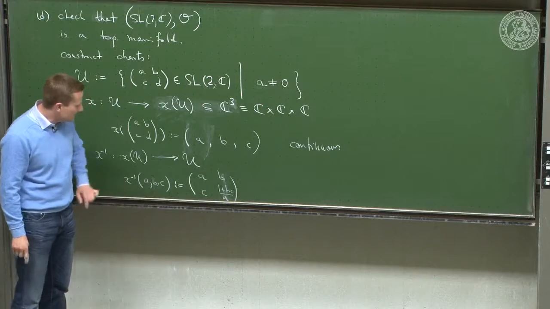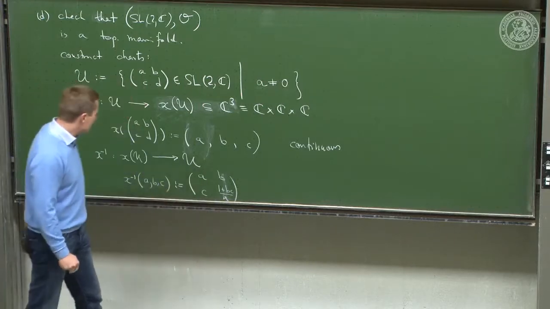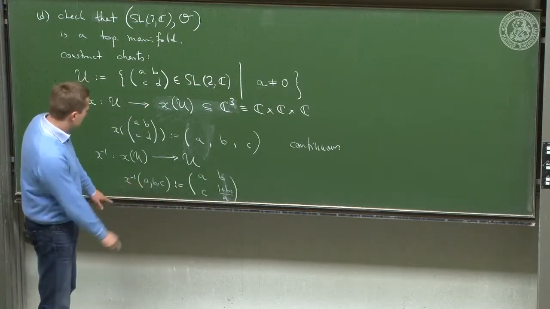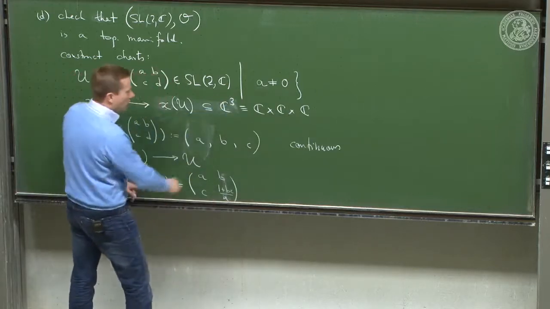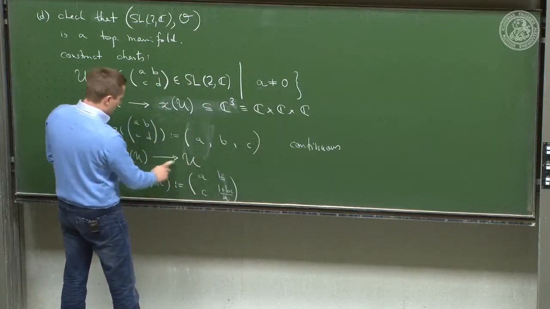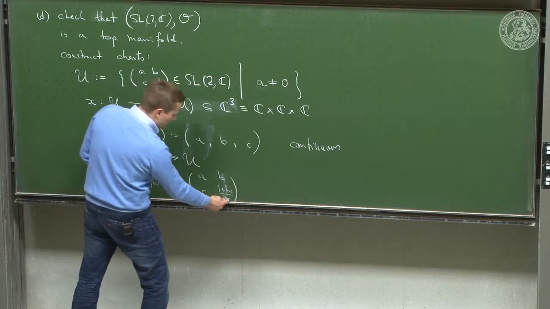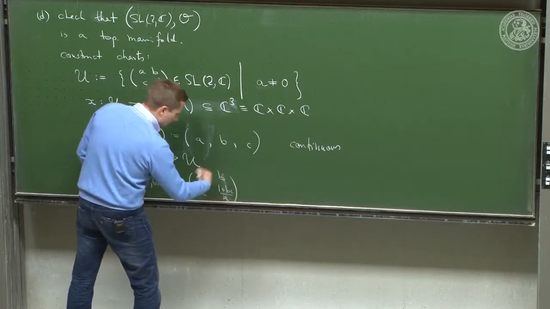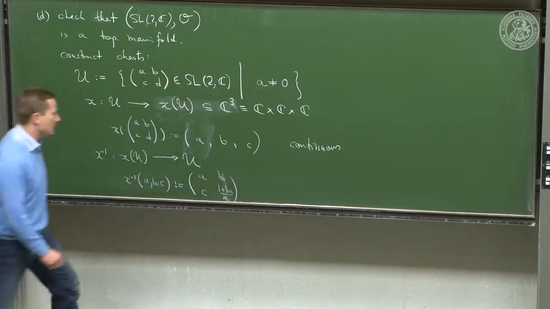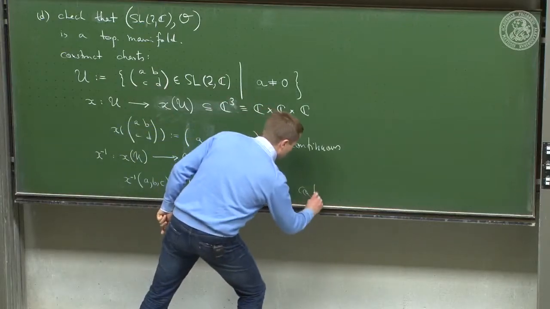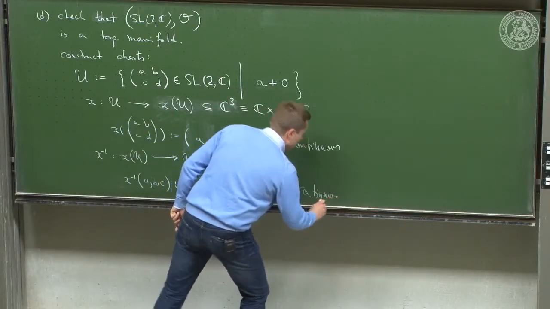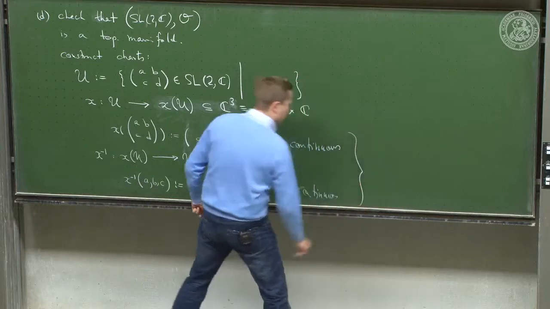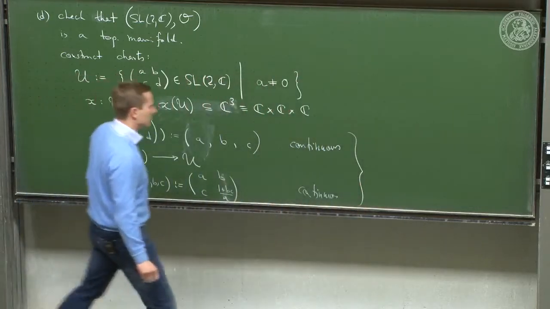Okay, so that's the inverse. We have this, and you can check again, because A is non-zero on that domain. On that domain, certainly, this is, again, a continuous map. So the map is invertible and continuous in both directions.